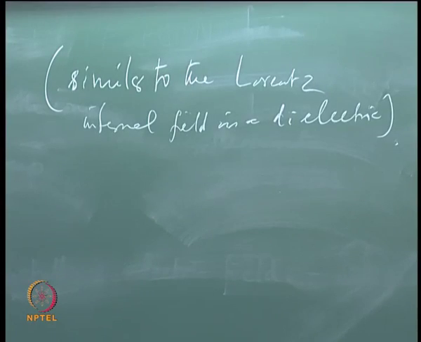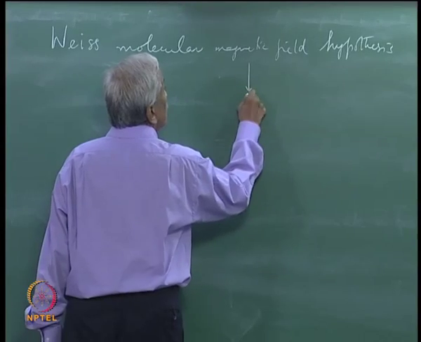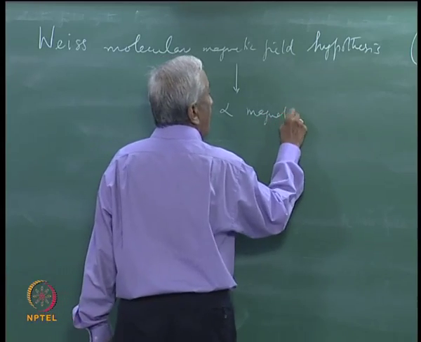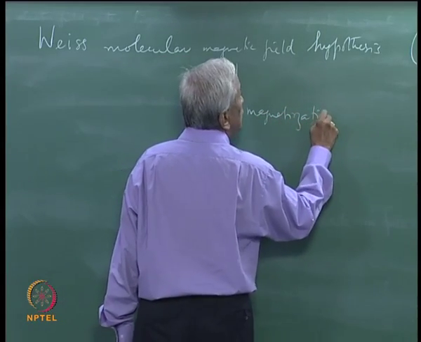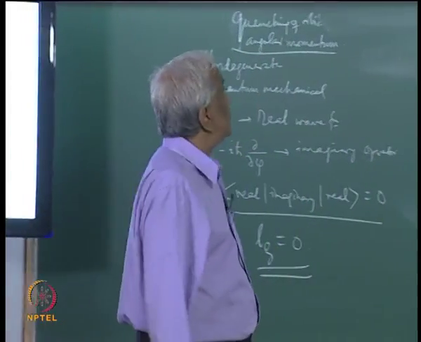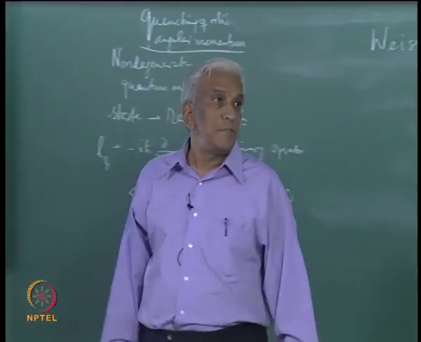So, this is hypothesized, and the strength of this molecular field is proportional to the magnetization. This was the hypothesis by Weiss in order to account for the observed temperature dependence of the paramagnetic susceptibility of such a material at high temperatures.